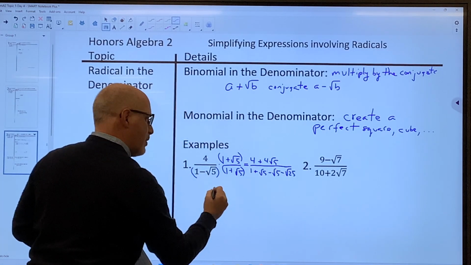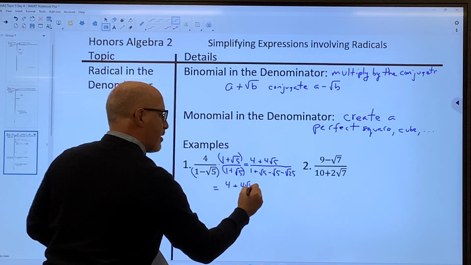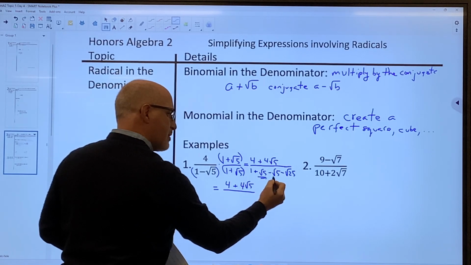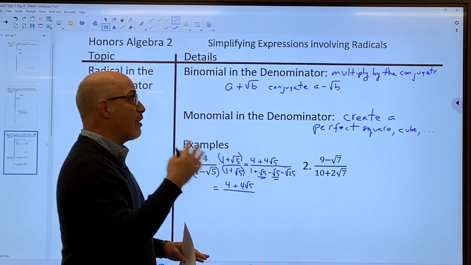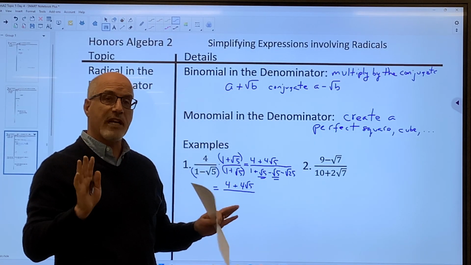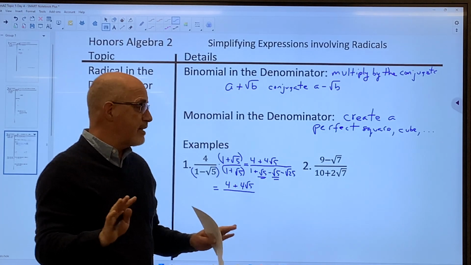Now, if you notice here, the 4 plus 4 square roots of 5 in the numerator just stays the same, but notice these middle terms, these two are opposites. The whole purpose was to get rid of the square root in the denominator. To simplify, your objective is to not have any more square roots left in the denominator.